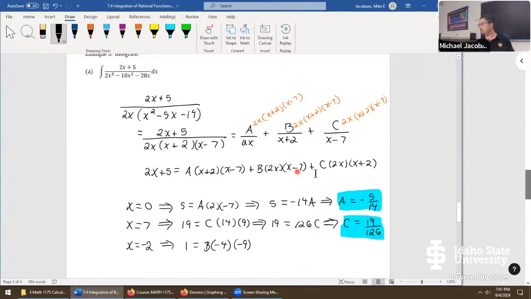Let me know if my numbers go sideways. The c coefficient is wiped out. So now we have an equation that reads 1 equals 36b, which then implies b is 1/36. So there's all the coefficients.